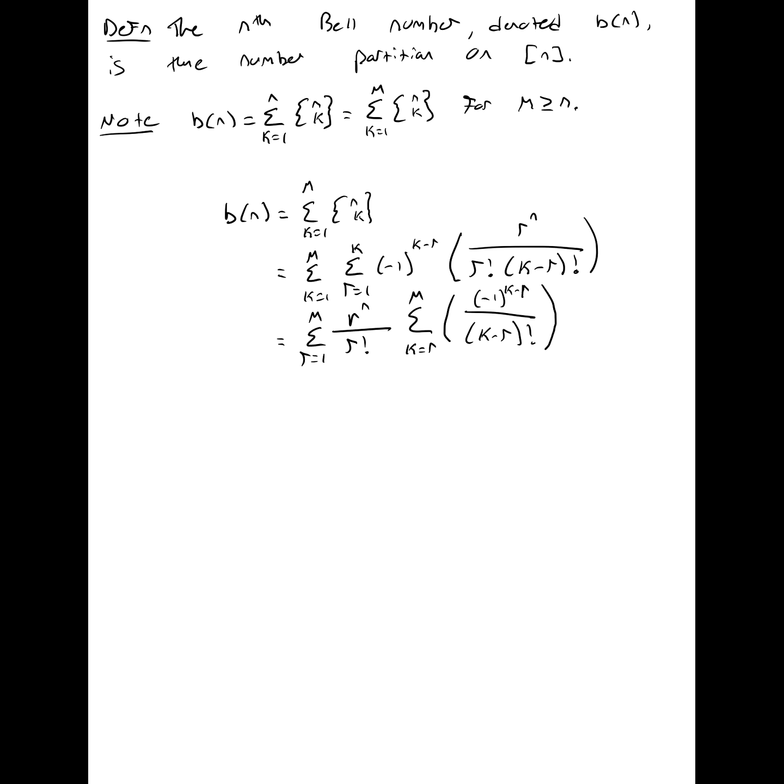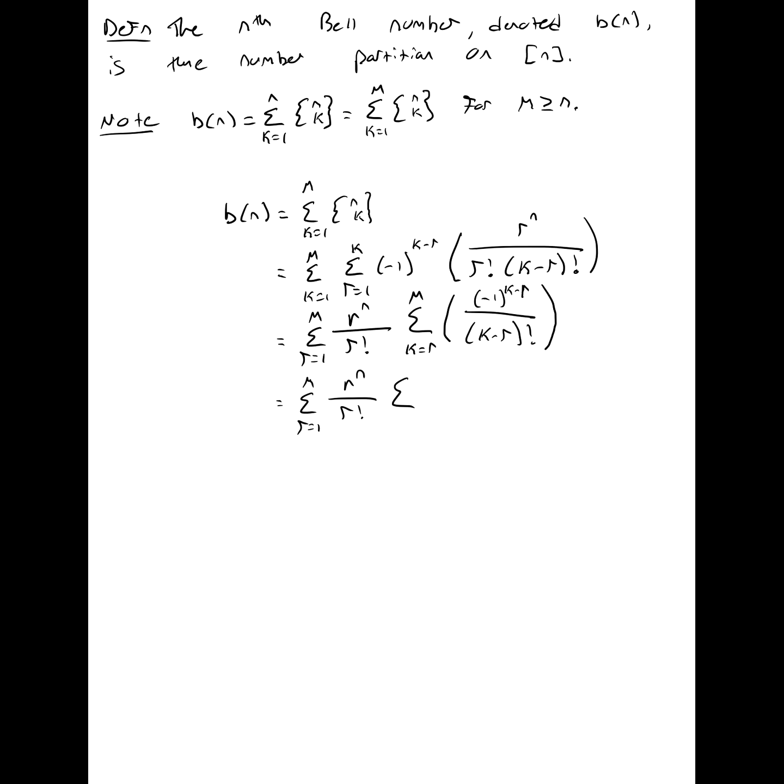The reason this is nice is because I can rewrite the sum on the inside. Instead of going from k equals r up to m, we see on the inside that there's a k minus r here and a k minus r here.